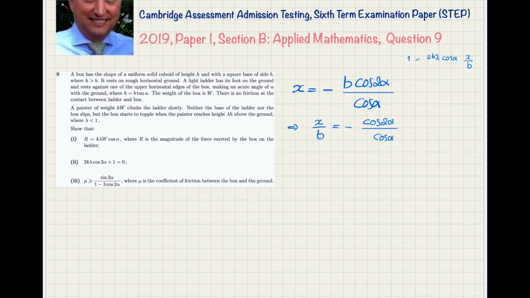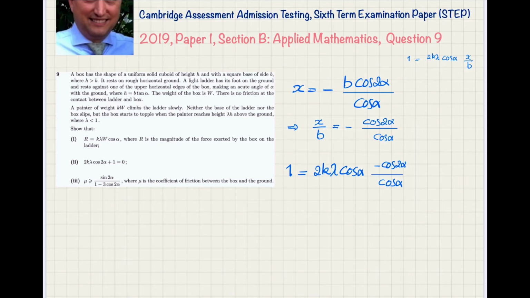Okay, and then instead of x over b in this relation, I put this expression here. So what I have on the left is 1. On the right hand side I have 2k lambda times cosine alpha, but instead of x over b I can plug in minus cosine 2 alpha divided by cosine alpha.